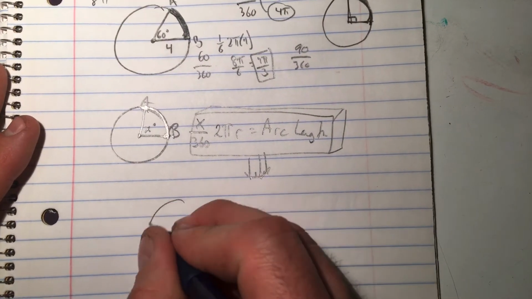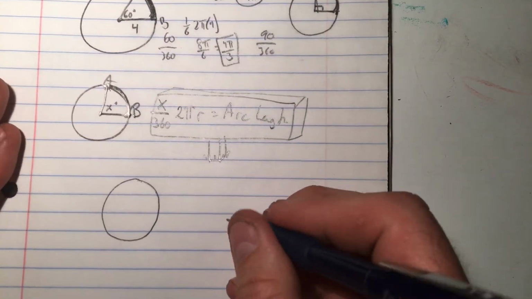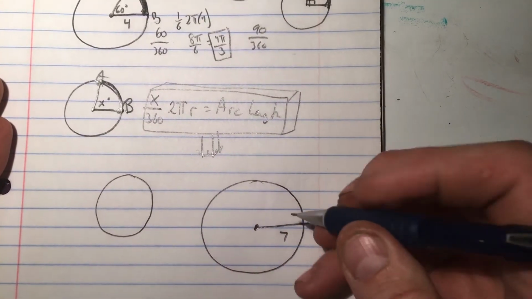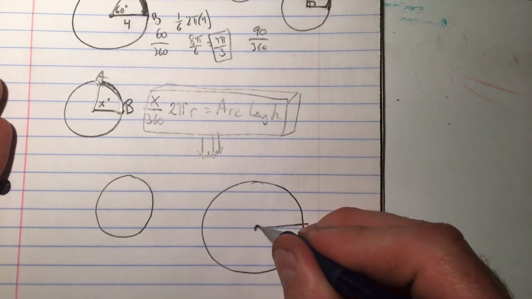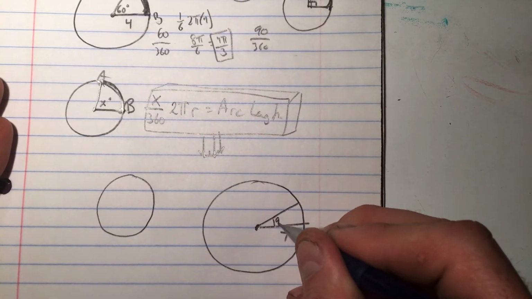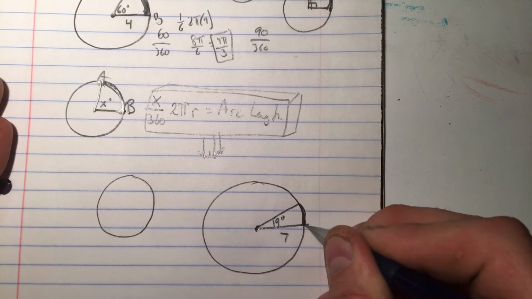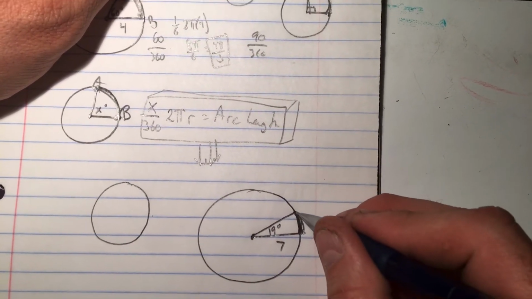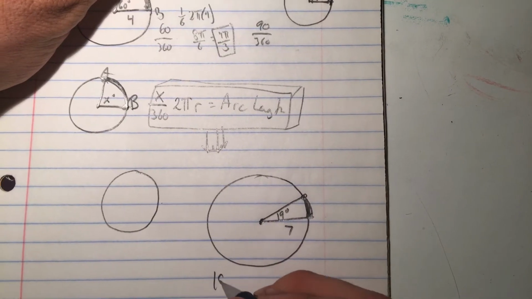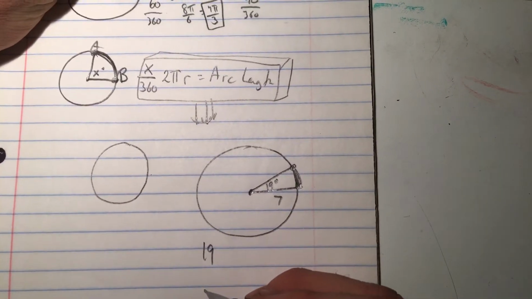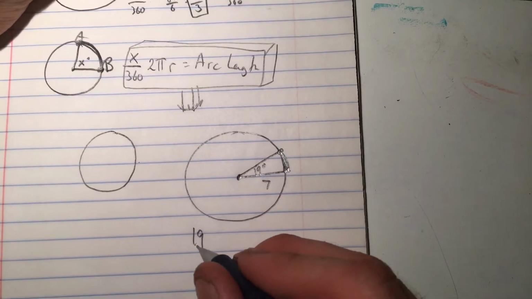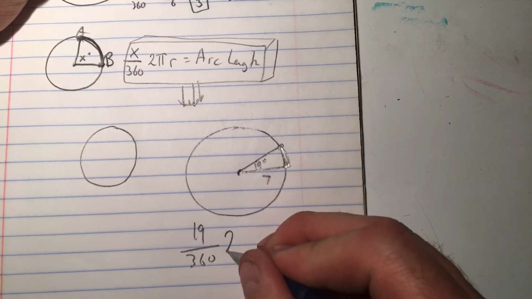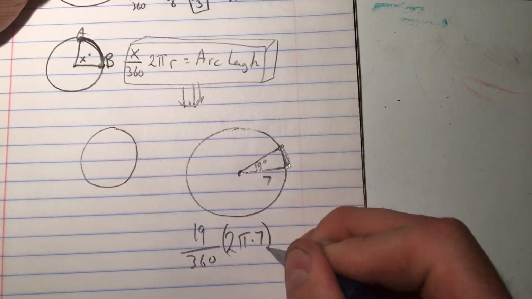One more. So let's say we have a circle. Let's make it bigger. Let's have a circle of radius like 7. And this very interesting looking angle right here is like 19 degrees. We're like, how much is the circumference of that? Or of course of that, then we could just subtract it. So what I'm going to do is let my calculator do the work. My arc length is 19/360ths, the portion of the whole circle, times 2 pi r.